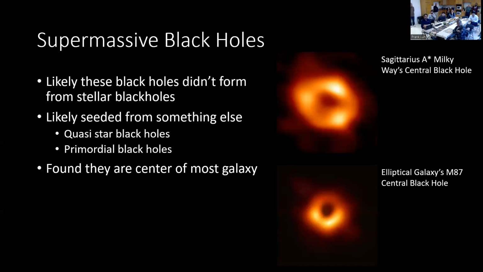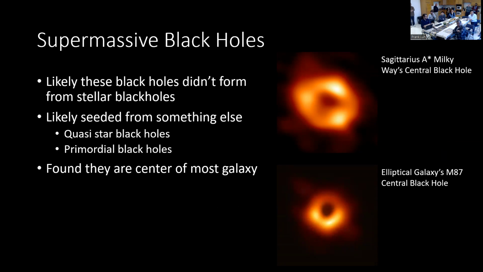Okay. And then supermassive black holes. If you don't know, these images were recently taken in astronomy a few years ago, actually. And these are the first actual photographs, visual representations of black holes that we've ever had. And they're really pretty. These supermassive black holes don't form like normal black holes.